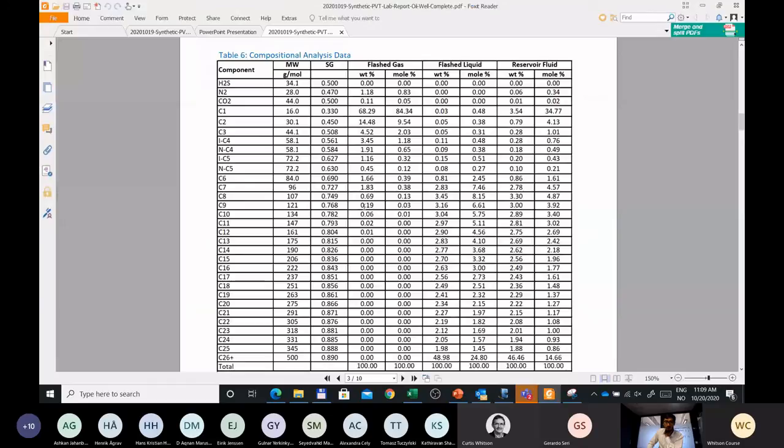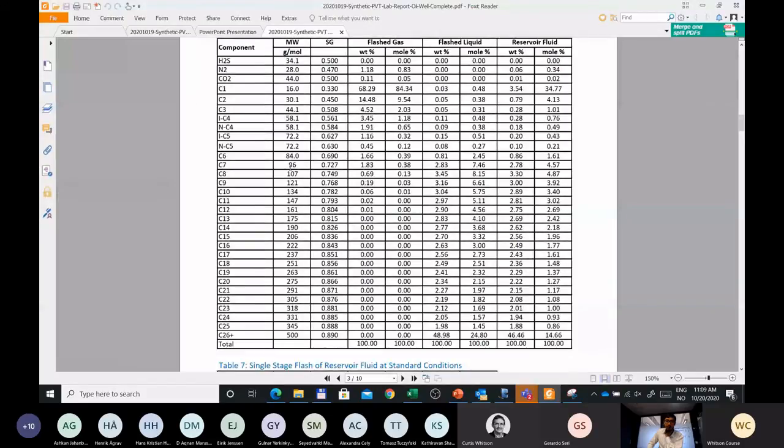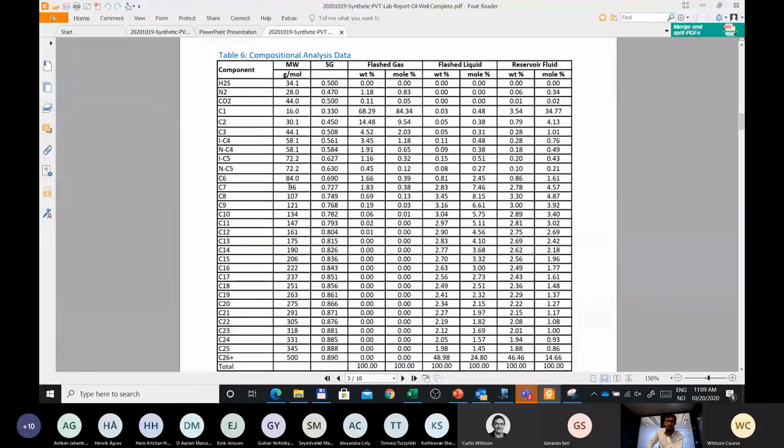In the lab data, you see that we have these single carbon numbers. Like we have these components C6, C7, C8. These are the lump fractions. These are not pure components. And we have some estimates of the molecular weight and densities for these components. So C7 molecular weight of 96, 107, 121. And we also have some estimates of the densities.